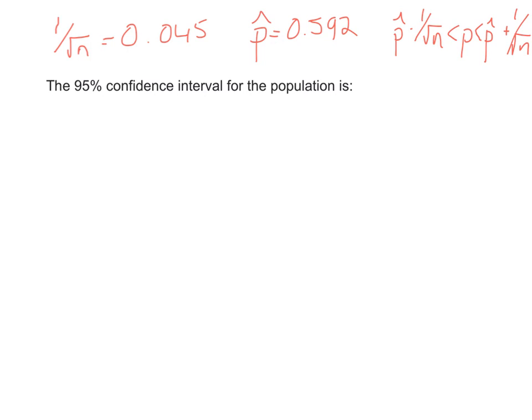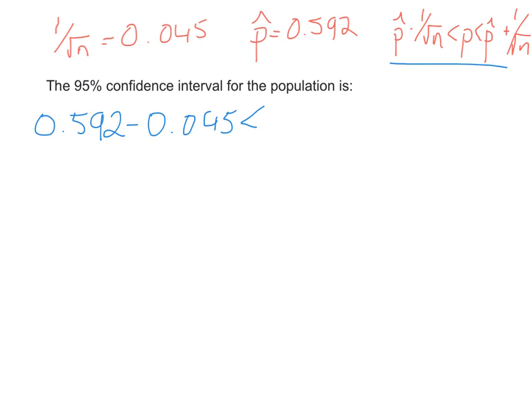To calculate the 95% confidence interval for the population, we fill into our formula. So p hat is 0.592, and then we subtract our margin of error, which is 0.045.